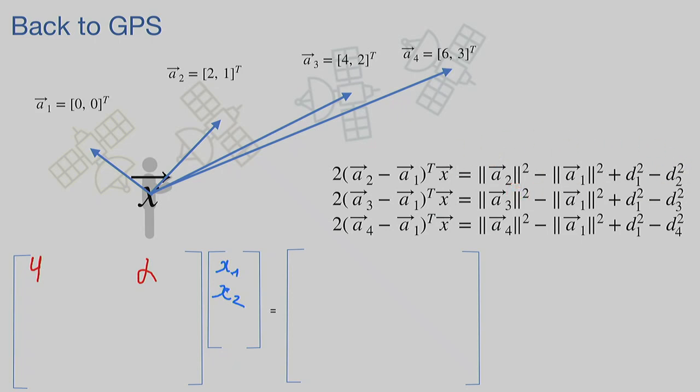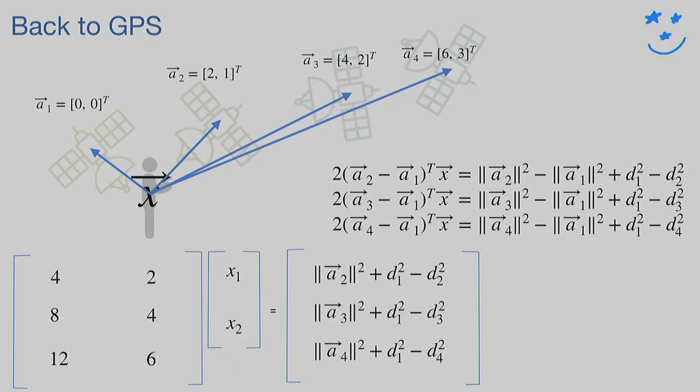So effectively, I got 4 and 2 times x1, and these are all known, because I know the distance, I know what A is, I know the position, I know everything. And then my second equation, if you actually do it, is A3 minus A1 times 2, it's 8 and 4. My other equation is A4 minus A1 times 2, that's 12 and 6.